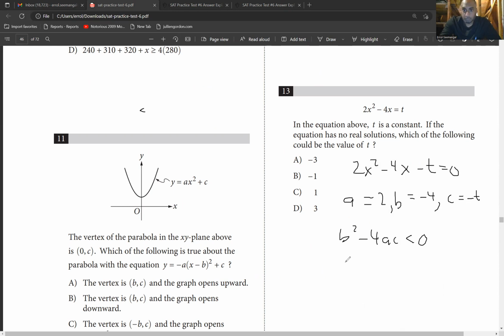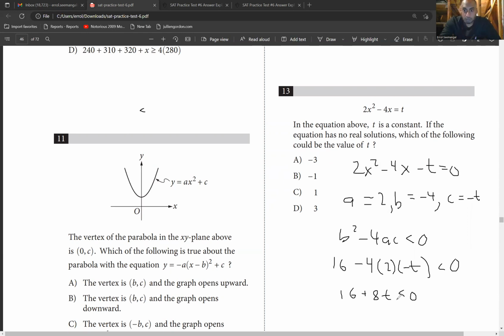So this is 16 minus 4 times 2 times -t. They want that to be less than 0. So this part is 16 plus 8t less than 0.